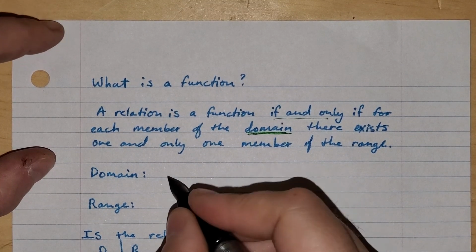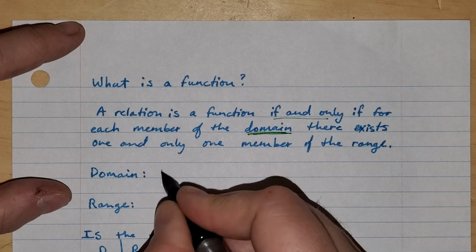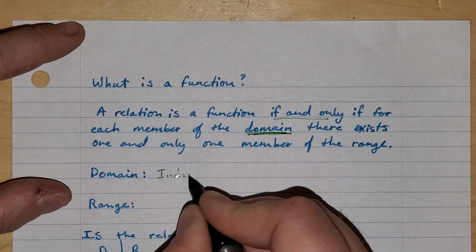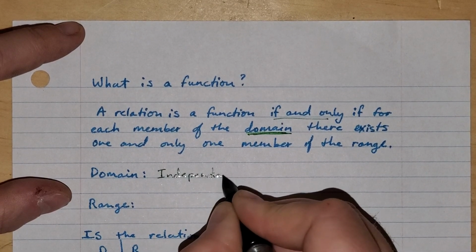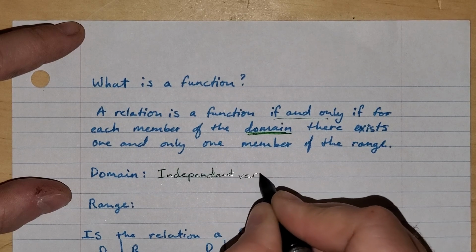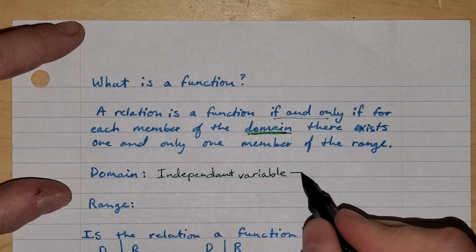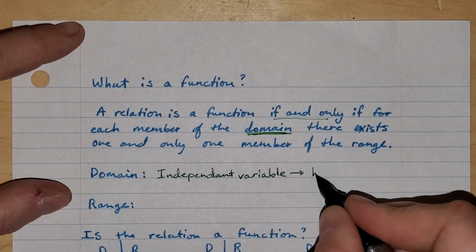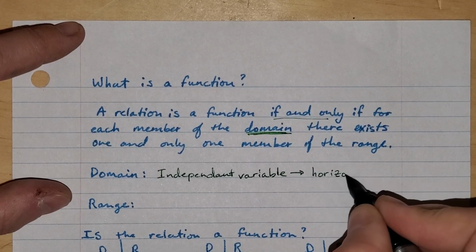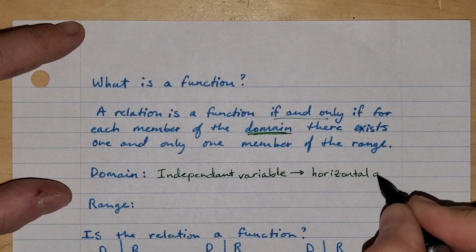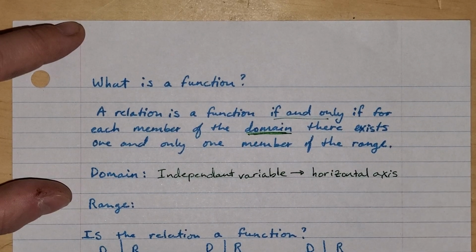That's not actually true. Domain is the independent variable, which in the case of any problem we come across is the horizontal axis, which in math is the x-axis.